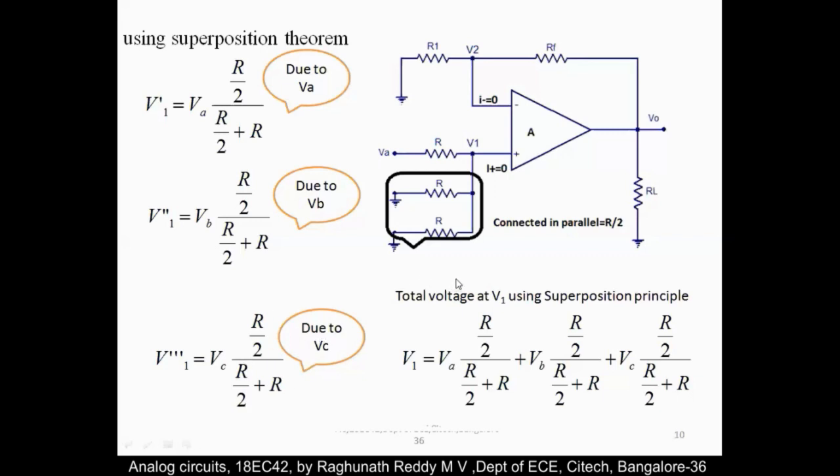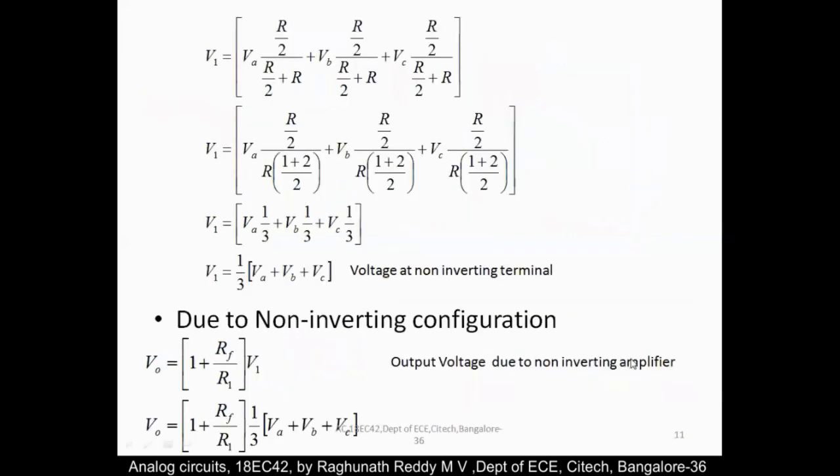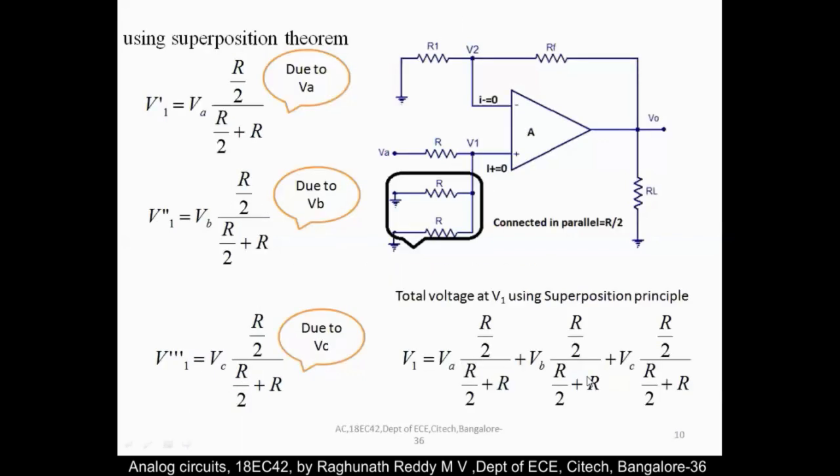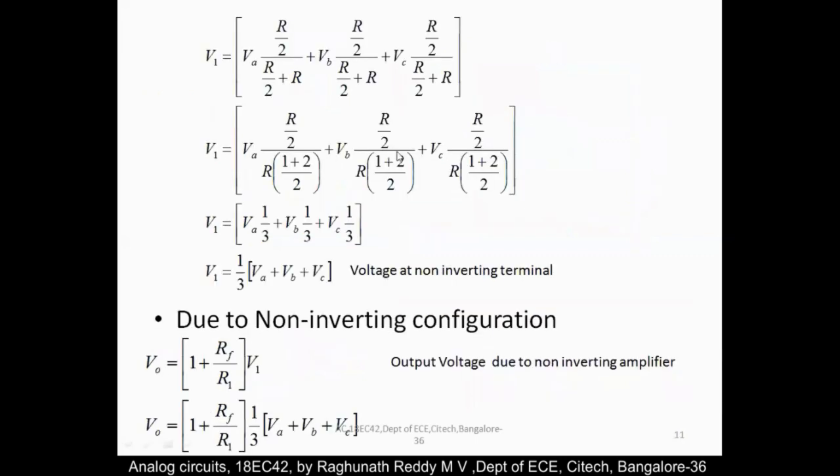Next, total voltage at the non-inverting terminal, that is V1, equal to VA into R by 2 divided by R by 2 plus R, plus VB into R by 2 divided by R by 2 plus R, plus VC into R by 2 divided by R by 2 plus R. Then we simplify, and we get V1 equal to VA into 1 by 3 plus VB into 1 by 3 plus VC into 1 by 3.